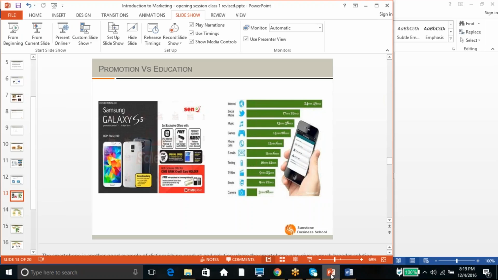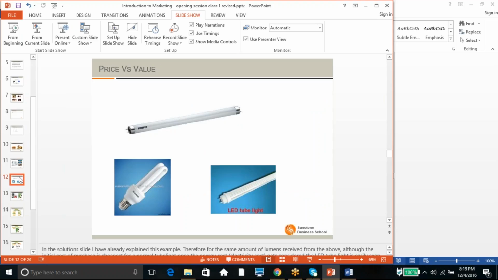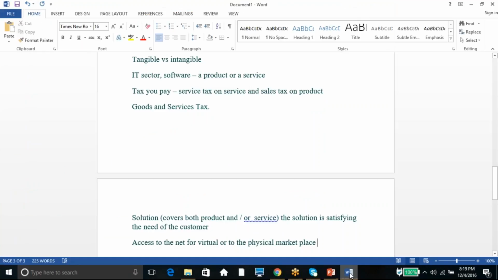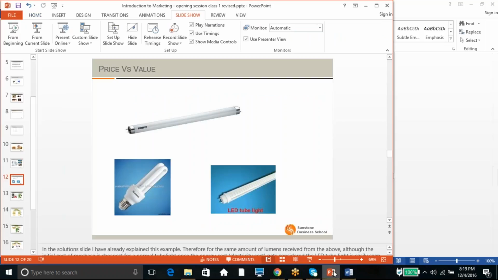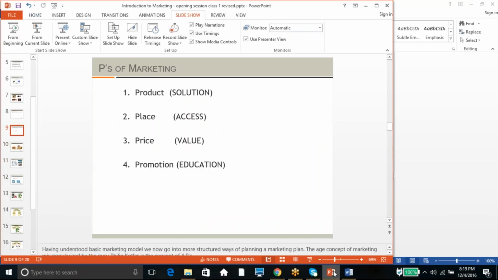So when that comparative satisfaction talk was created, and Apple was something a lot of people have a fan following for, the pricing still pinches. But despite the pinch on the pricing, people will take up the Apple because it delivers a lot of value. And that is what we will try to understand here now, that when you take these four of SAVE, the solution is only an enhancement of product.